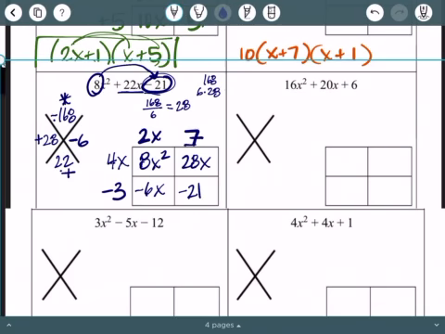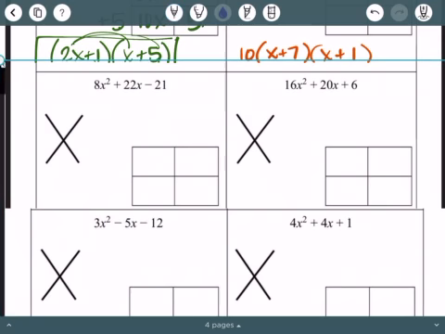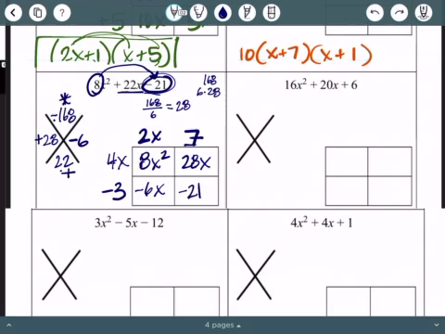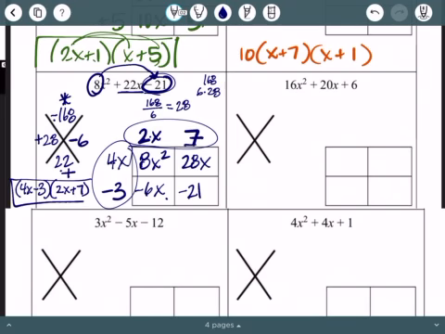I can check by saying, okay, negative 3 times 2x would give me the negative 6x that I'm thinking of. So I know that these are my factors here. I'm going to write them as 4x minus 3 times 2x plus 7, just like that. All right.